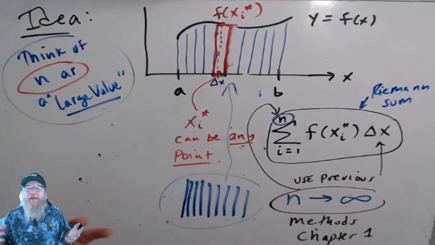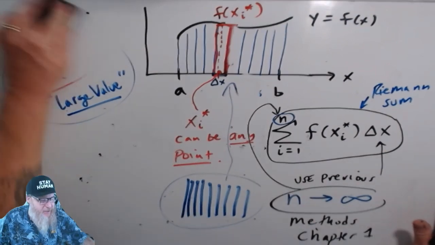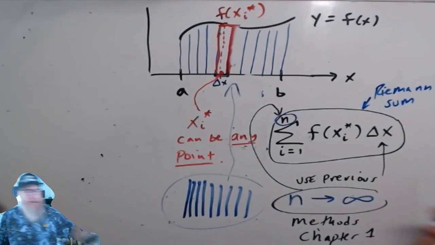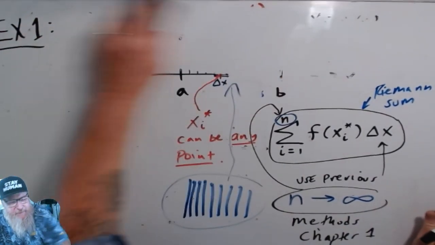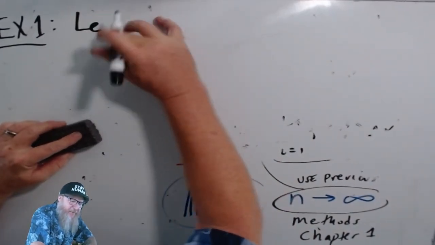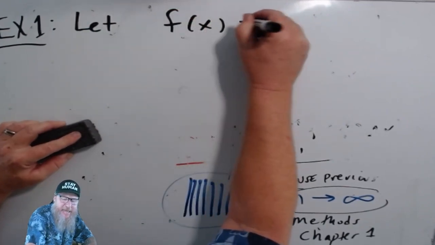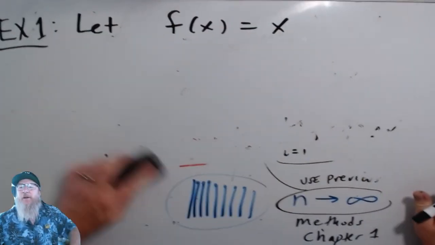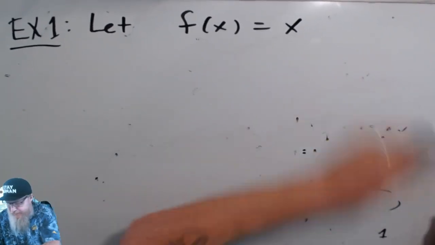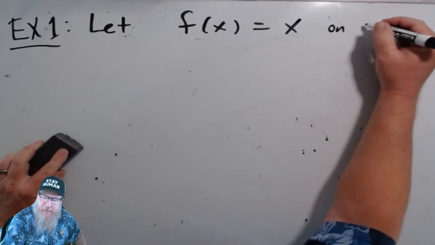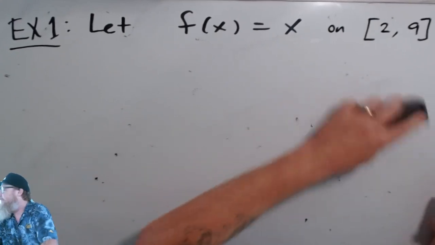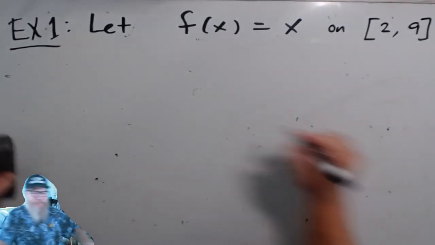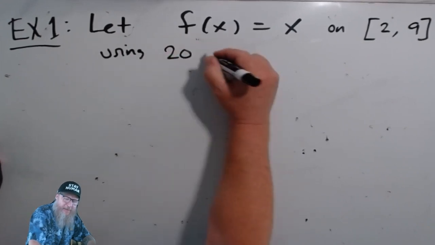All right, so all of that introduction, the section continues. I'm just going to start over with my numbering. This will be example 1 of the definite integral. Let's take the easiest function you could think of. Maybe not the easiest, but a very simple function called the identity function. f of x is equal to x on the interval from 2 to 9, using 20 rectangles.